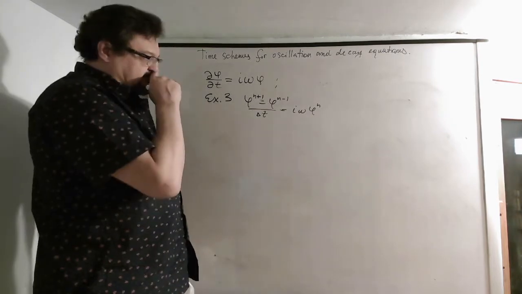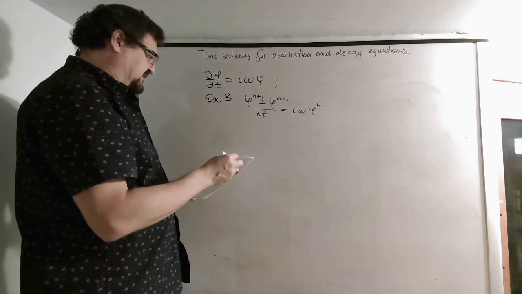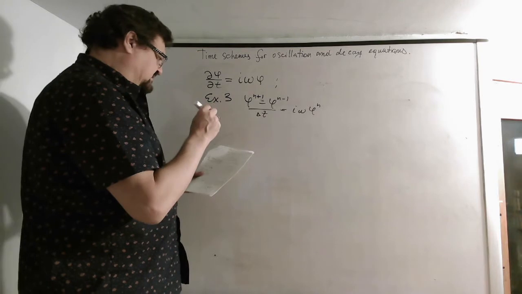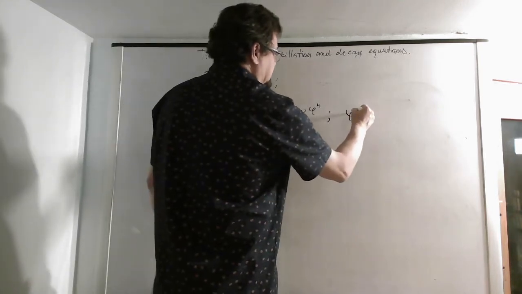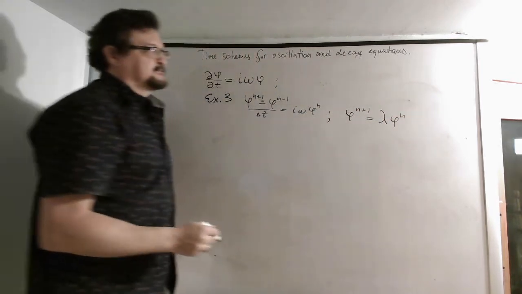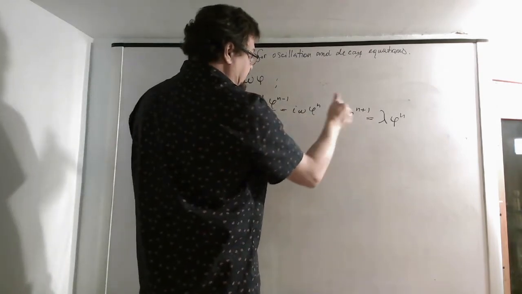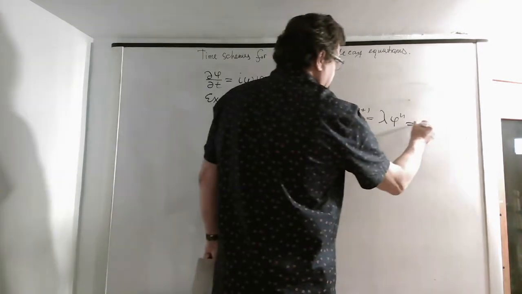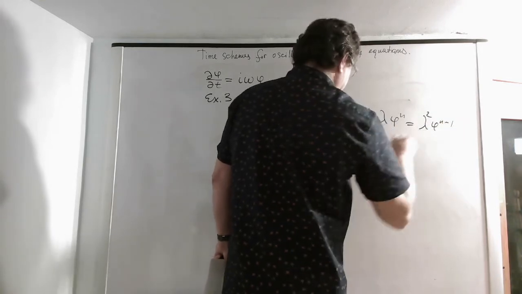So in this case, for the leapfrog scheme, we use the amplification factor again, defined as the following: some lambda times phi at step n plus 1. So if we substitute it the same way, it equals lambda phi n squared, n minus 1.